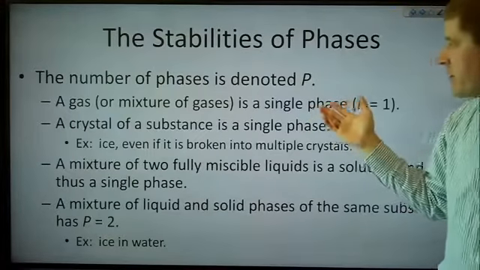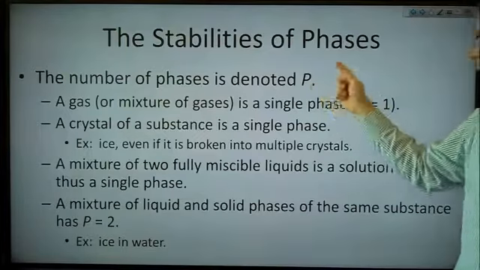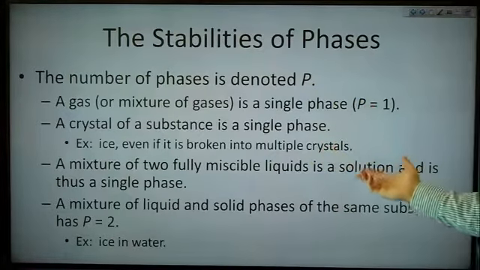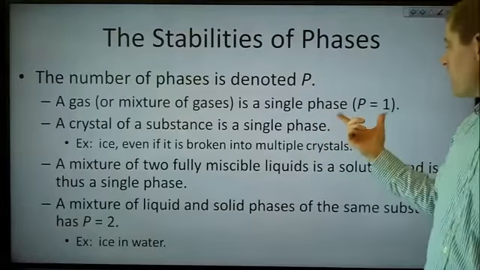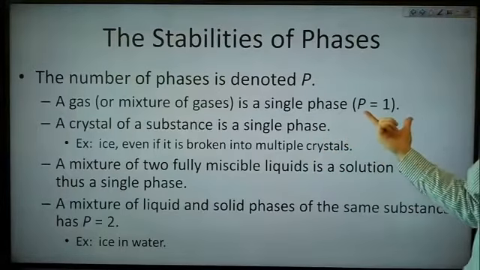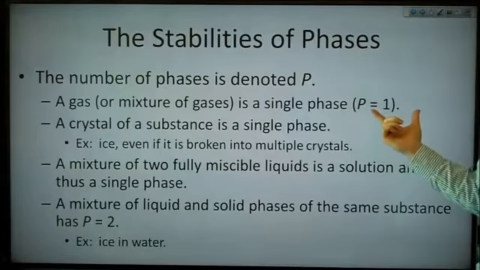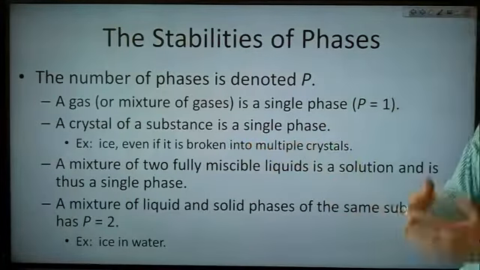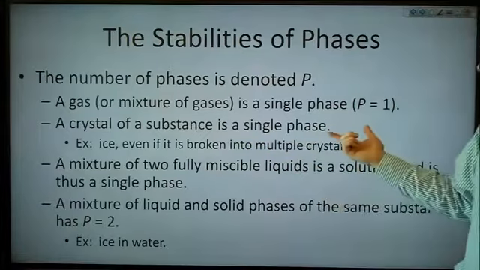So the number of phases can be denoted P, where for a gas or a mixture of gases, that's just a single phase with P equals 1. If we have a crystal of a substance, like sodium chloride, let's say, that's just a single phase.